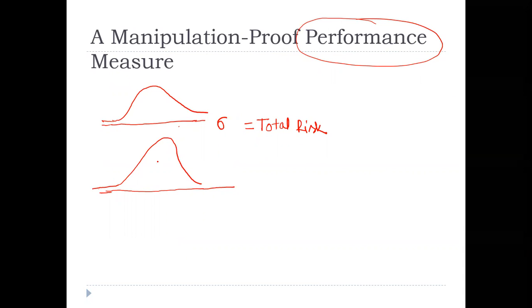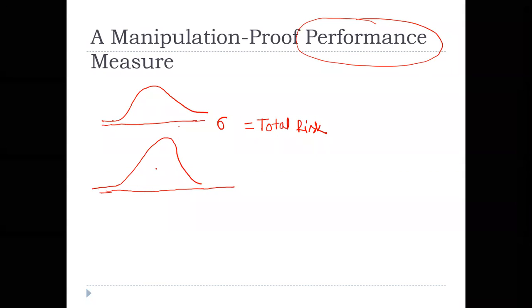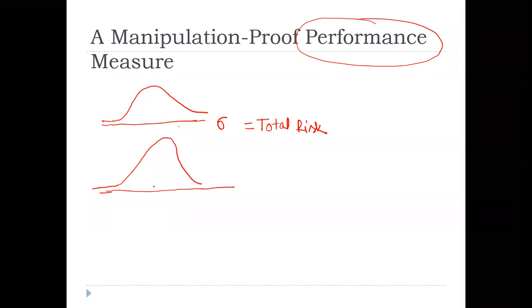Okay. So here you see, if I ask what is the probability that a small gain will be possible, in which area is it bigger? Which area is bigger? The left area is bigger or the right area is bigger?